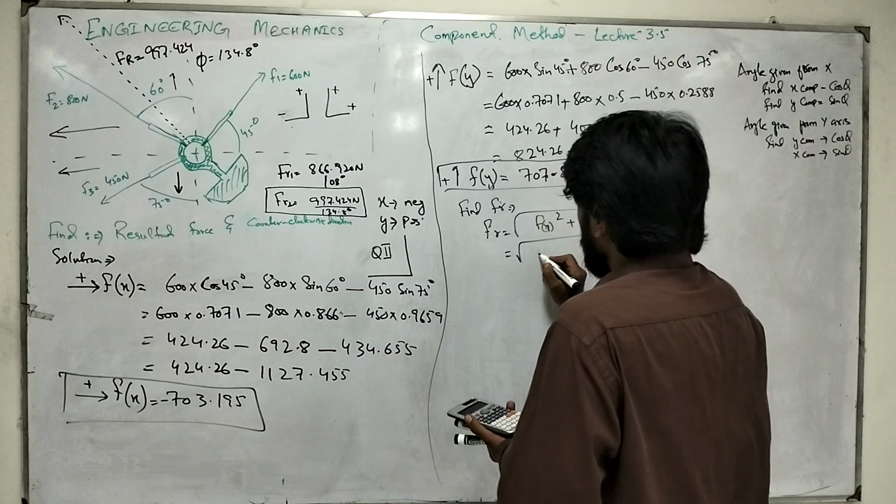So 995,464.048, and the answer is Fr is equal to 997.729 Newton.